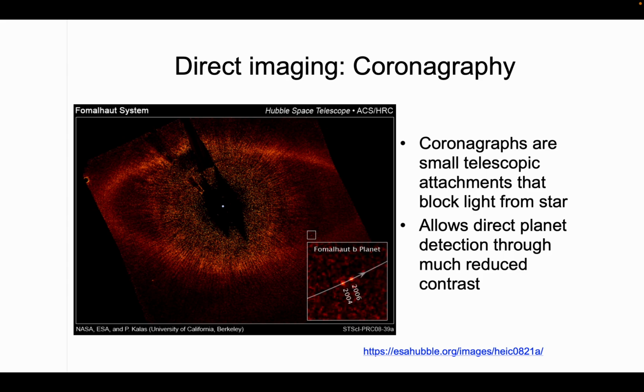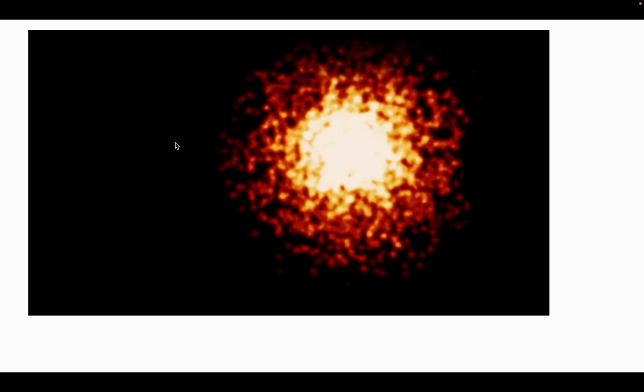Another way is coronagraphy, where you block the light from the host star. This will increase the whole image sensitivity, or the field of view sensitivity. Then you can directly detect the planet itself.